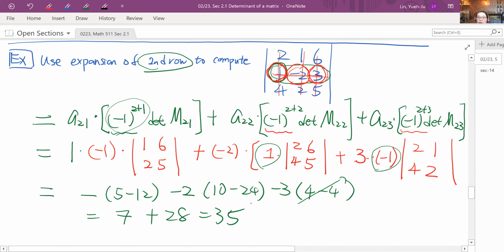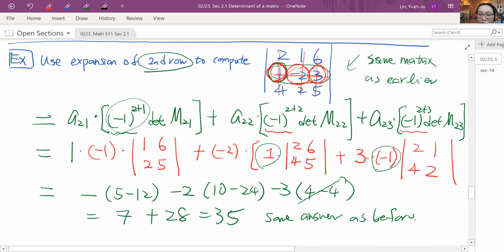Same answer as the previous example, because this is the same matrix as earlier. So of course, the same answer as before. You can see that's how you compute the determinant of a 3 by 3 using different expansions.